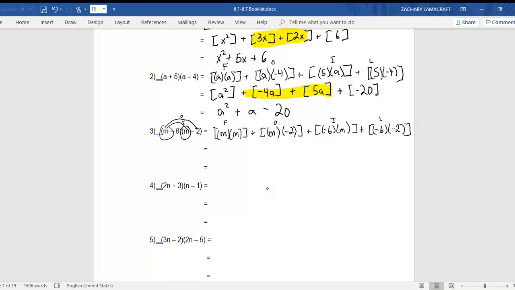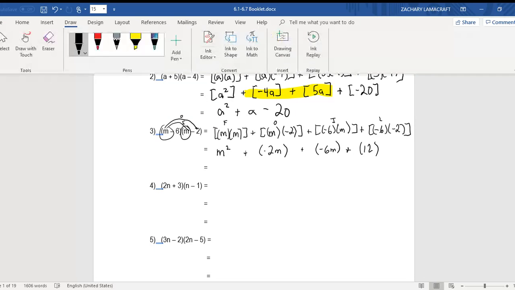So in this case, M times M being M squared, plus M times -2 being -2M, plus -6 times M is -6M. And then -6 times -2, sorry, would be 12, or +12.